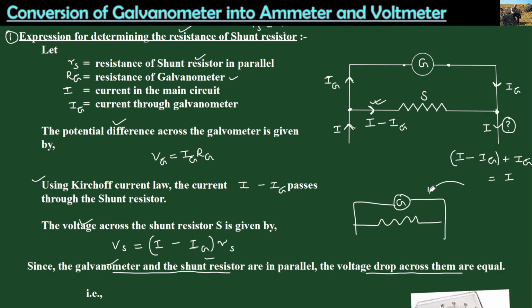The PD across the galvanometer is Vg, and the PD across the shunt resistor is Vs, given by this equation.